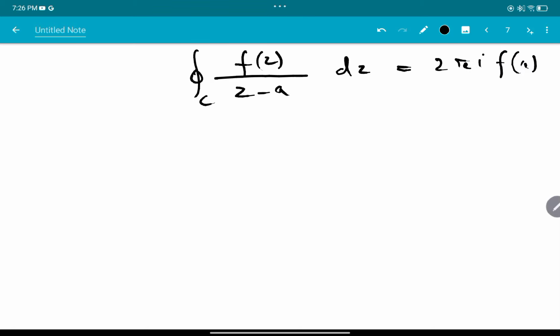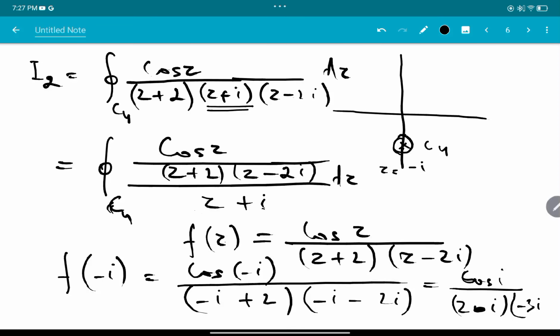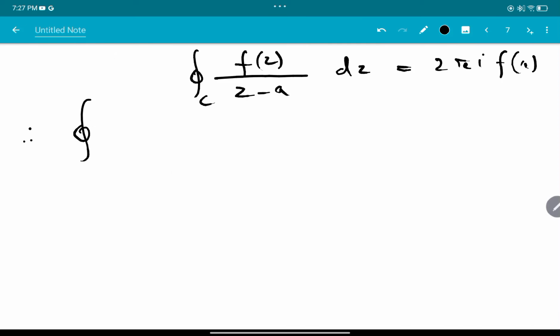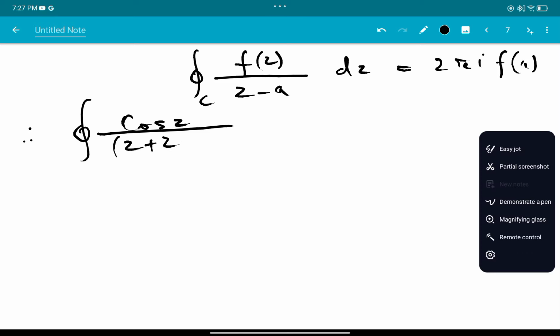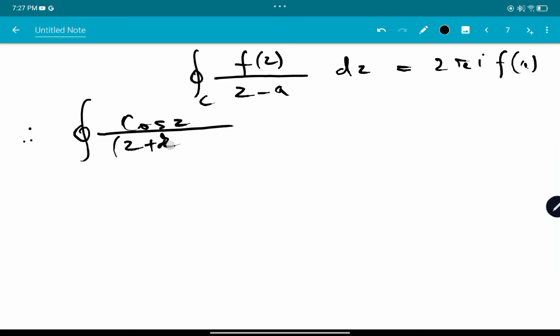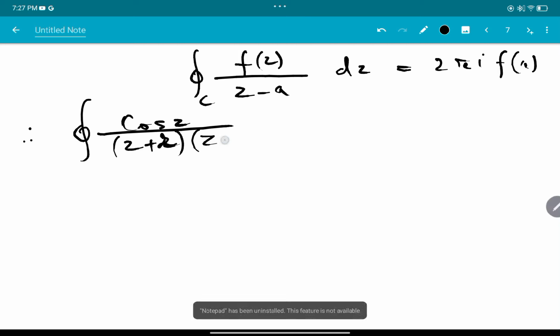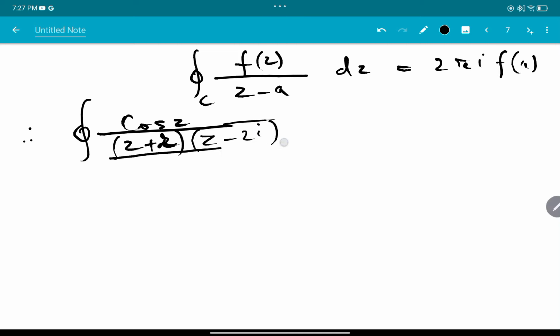Now, going back to our integral, cos z divided by (z plus 2) into (z minus 2i), divided by (z plus i), over C4, dz, is equal to 2 pi i into f(a).